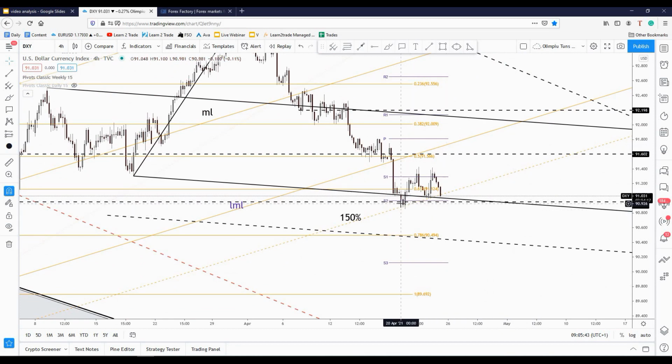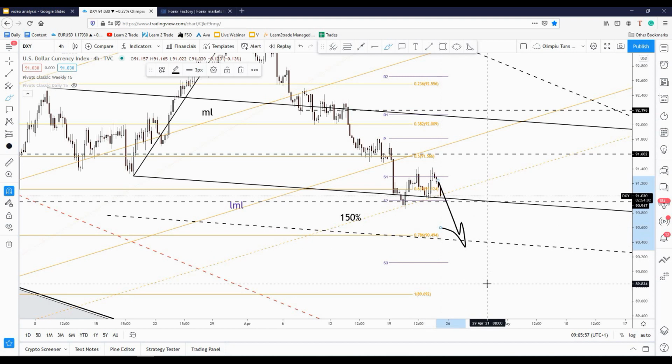As I've told you in my previous live webinars or analyses, the DXY could register a temporary rebound, and if it will continue to drop in the short term, then the US dollar should depreciate further, should decline versus the other major currencies.